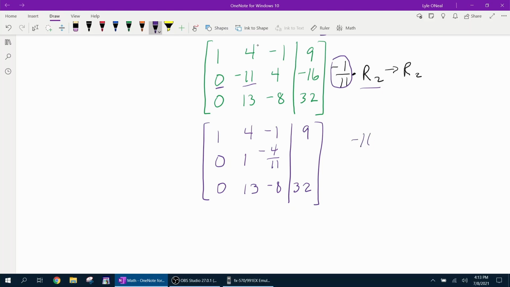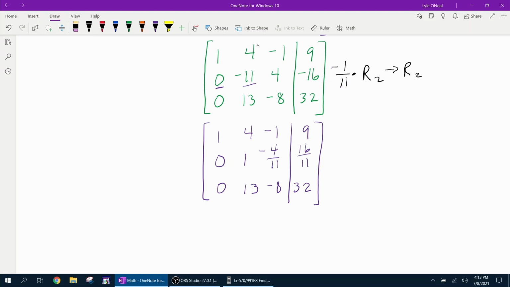And -16 can be expressed as -16/1 times -1/11 is going to give me, negative times a negative makes a +16/11, and that finishes the row operation.